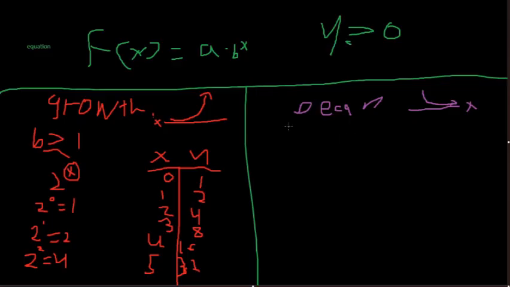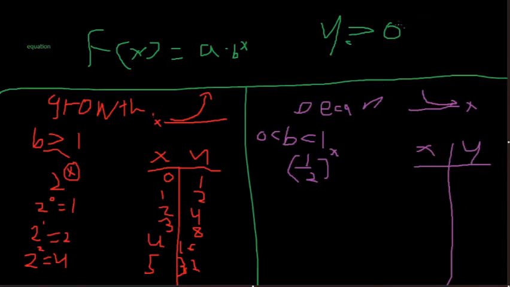In decay, b is between 0 and 1, so b has to be a decimal. As an example, for b, let's do 1/2 to the x power. We're going to go back to that x and y chart again.